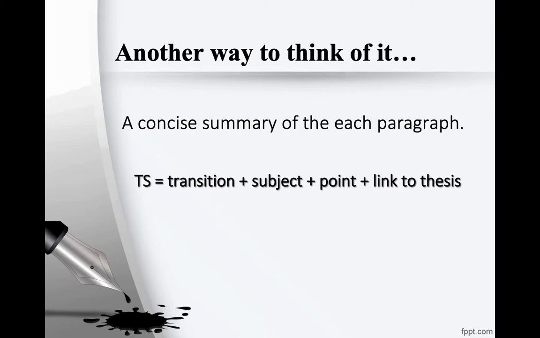It also helps move from one point in the previous paragraph to the point of the current paragraph. It does need to identify the subject or the topic that is going to be addressed in that paragraph, and also a point about that subject, the writer's opinion about that subject, or the reason why that particular topic supports the thesis.